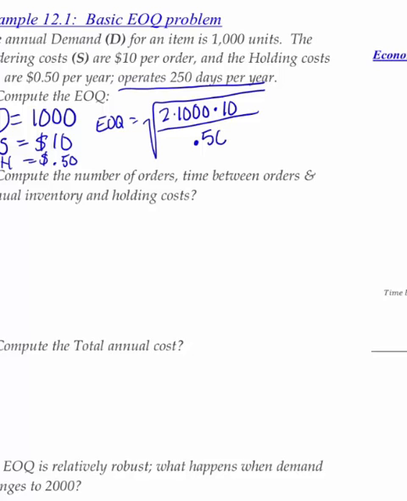So this will yield the economic order quantity of 200. Which means that when we place an order, we should place an order for 200.